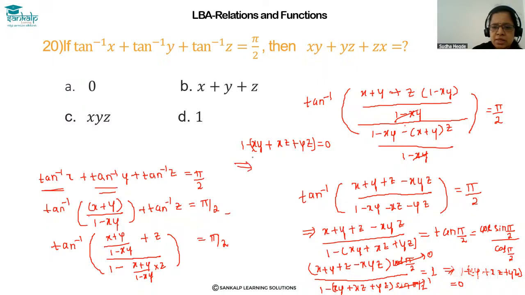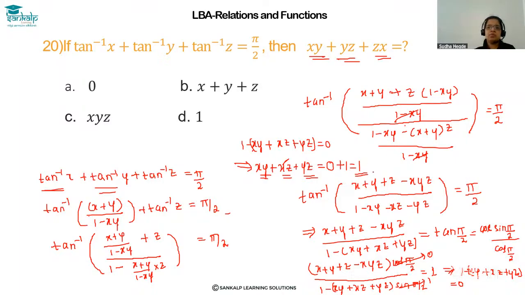This implies xy plus xz plus yz is equal to 0 plus 1, that is 1. So this value is xy plus yz plus zx. Here you have xy plus yz plus zx, that is equal to 1. Therefore, option D, 1 is the correct answer.